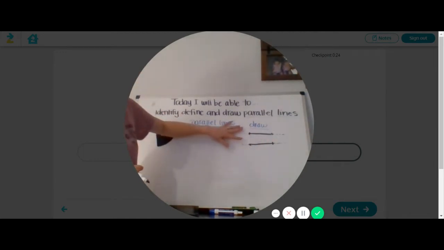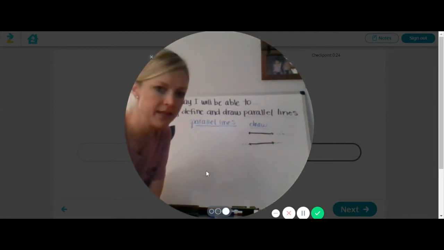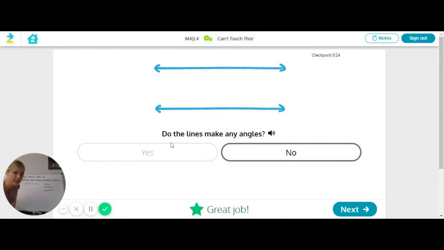They are never touching. And that's something that we're going to think about when we are identifying differences today between parallel and perpendicular lines. So as we look at these, we're deciding, do these lines make any angles? Now, with my straight edge, I don't have any angles here because I don't have any lines that are perpendicular or intersecting. So I'm going to go ahead and click no.